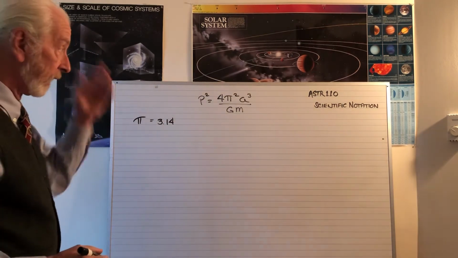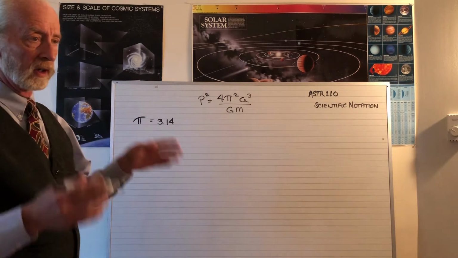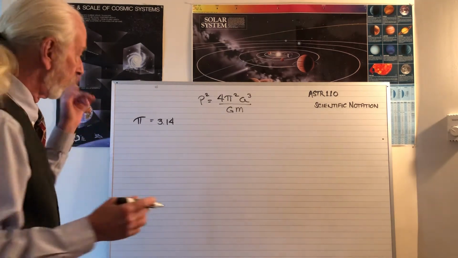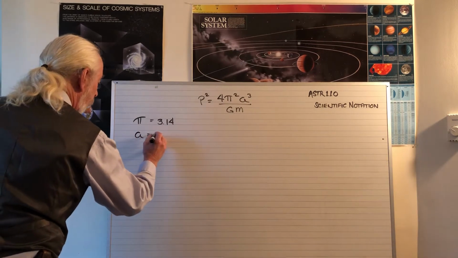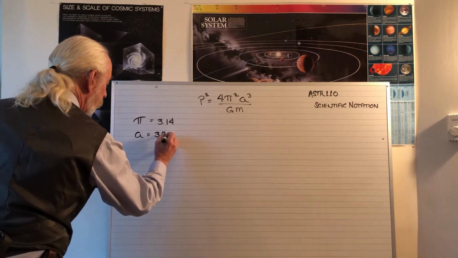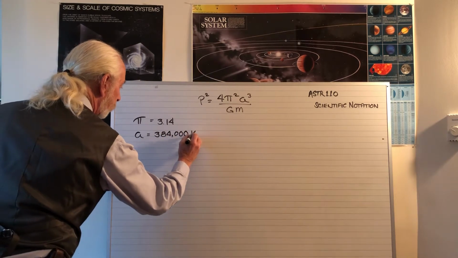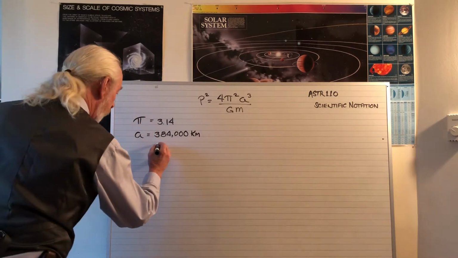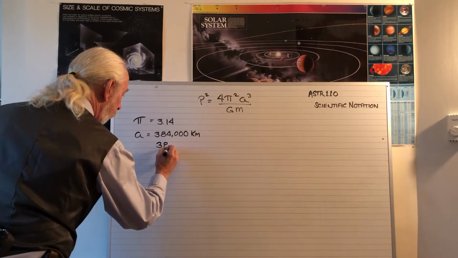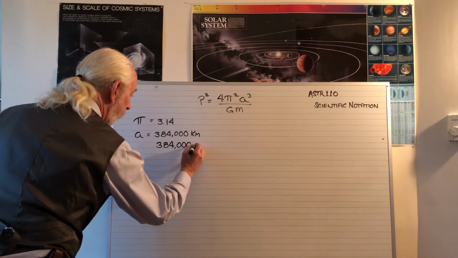A, on the other hand, is going to be expressed in meters, and so A would be 384,000 kilometers. That's the distance from the Earth to the Moon, which comes out to 384 million meters.